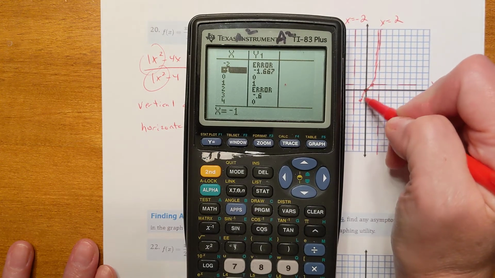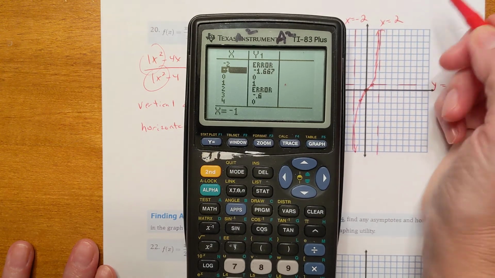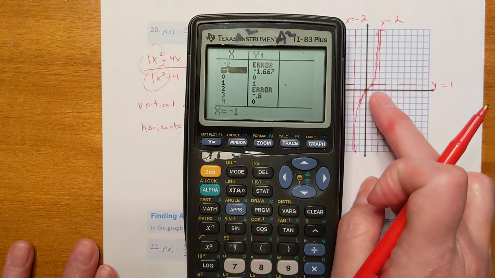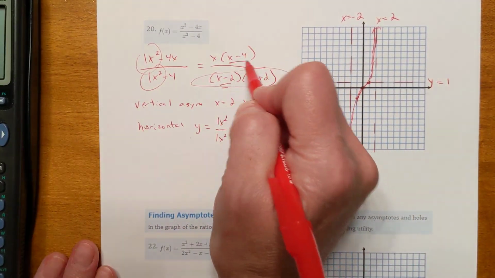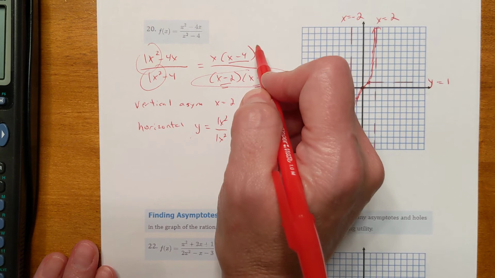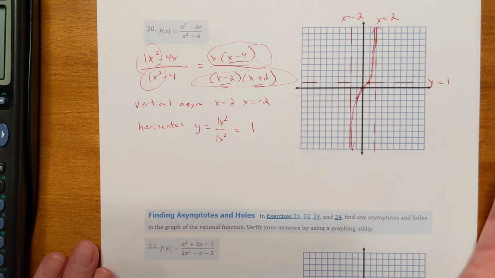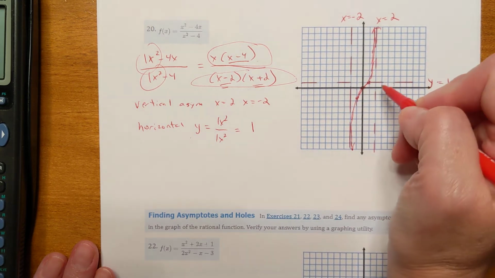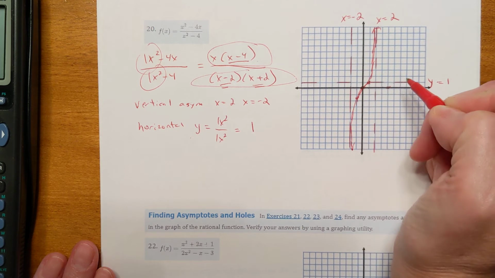But we have to hit the point 0, 0. There we go. And then we want to know what that other point is. That's going to be positive 4, because whatever makes the top 0 gives the x-intercepts. We can talk about that more in a second, but it's 4. 1, 2, 3, 4. It's going through that.